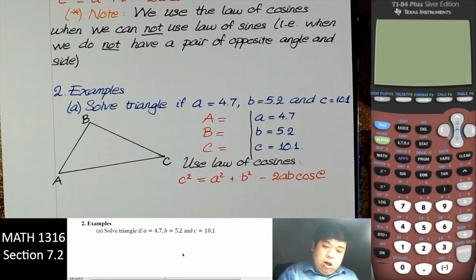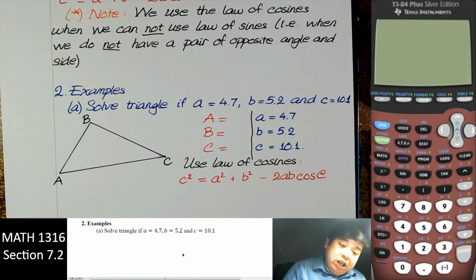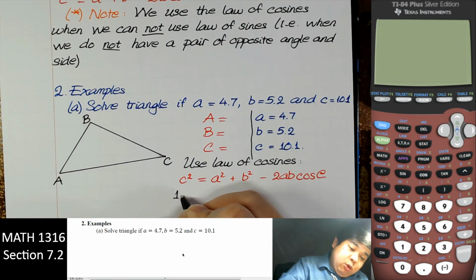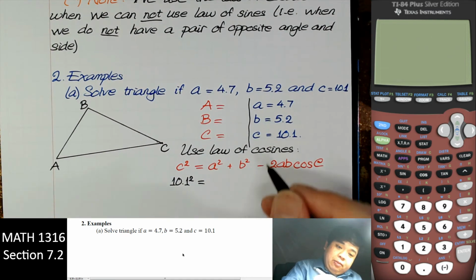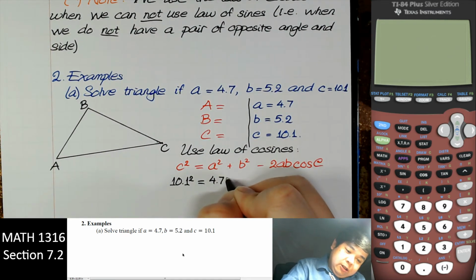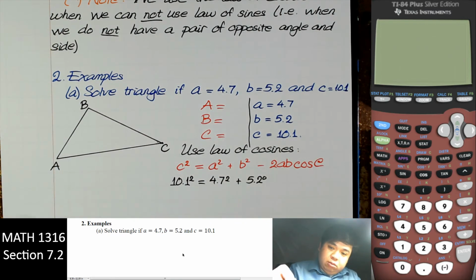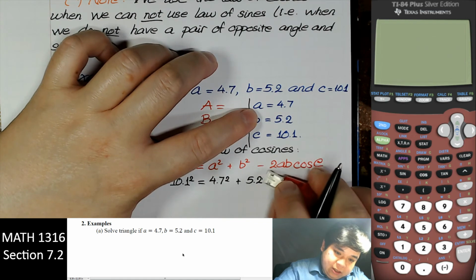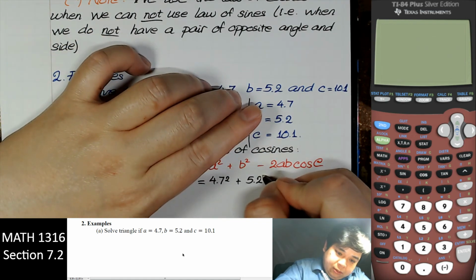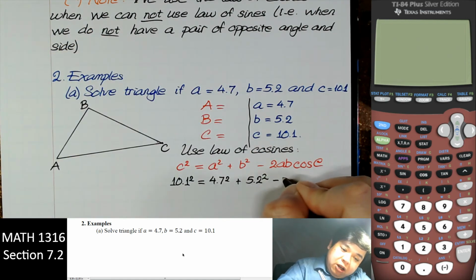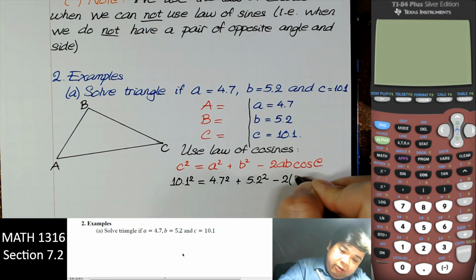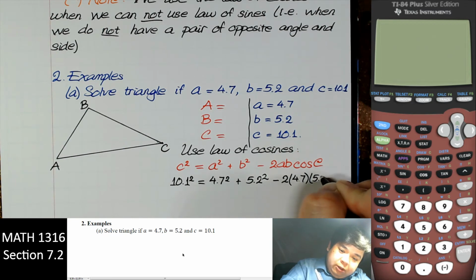Do this. Right, so we know the law of cosine, which is that. Now put all the information we have here. 10.1 squared for C squared, A squared 4.7 squared, B squared 5.2 squared, minus 2 times 4.7 and 5.2.